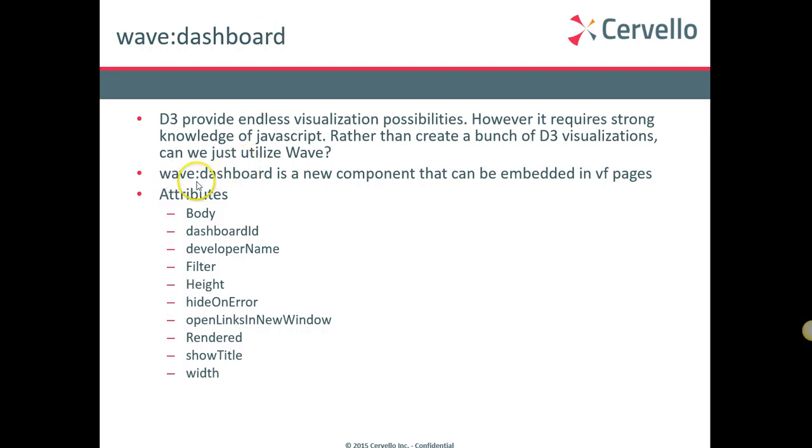So this Wave :dashboard is the tag that you use to embed a Wave dashboard in a Visualforce page. The component has a bunch of different attributes that you can add. The dashboard ID is a critical thing to include. Height is important. Width is important, obviously. Title.